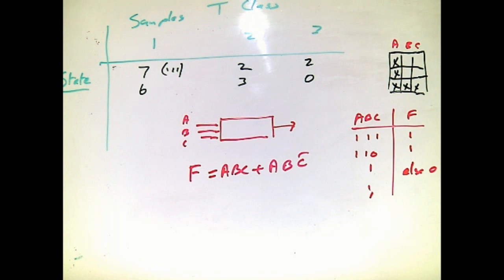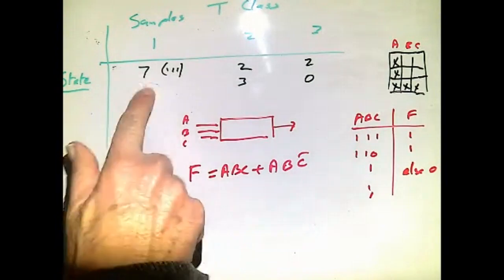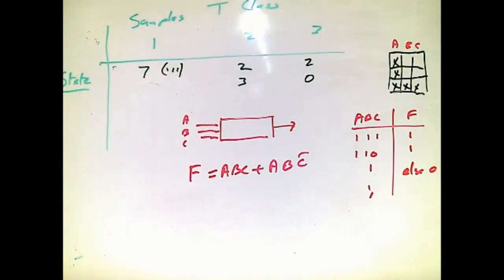Because what we have potentially discovered now is that in training this system, let's start off with the first pattern. Suppose I just had the 7, the function would be f equals A and B and C. If I now get the 6 coming along, the training requires me to recognize ABC equals 1, 1, 0.